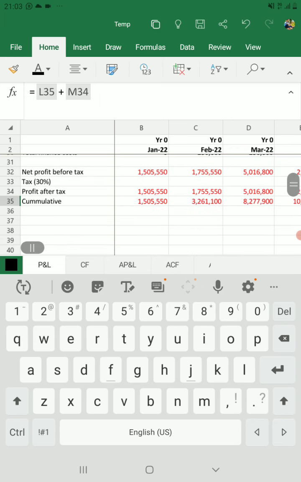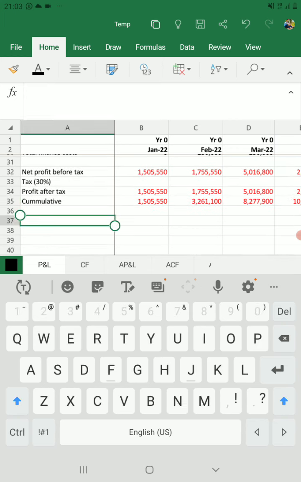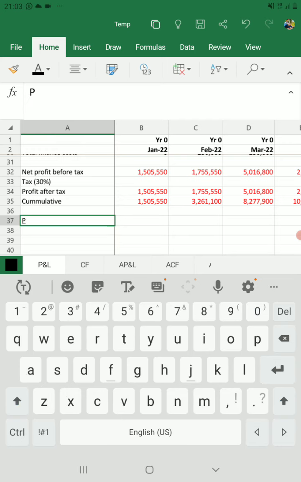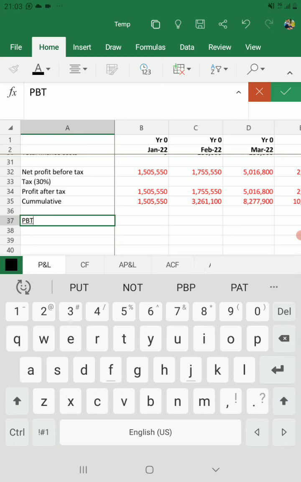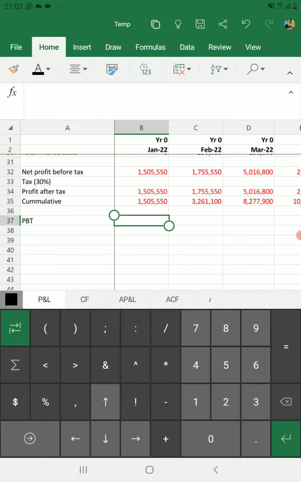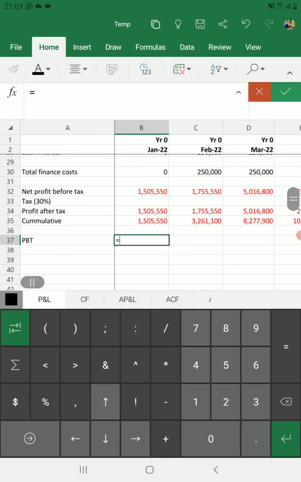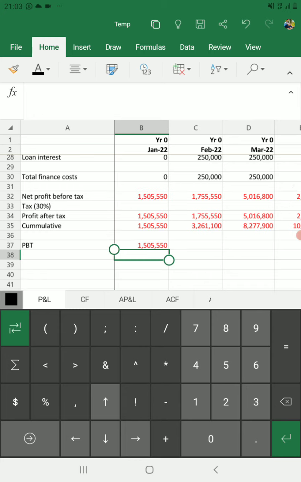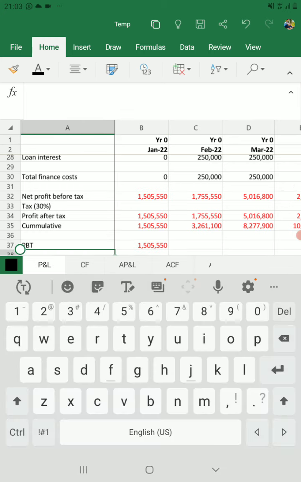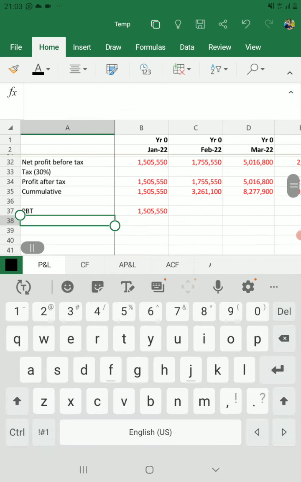let me start with the profit before tax figure, which is here. Press enter, and then here we will have cumulative.